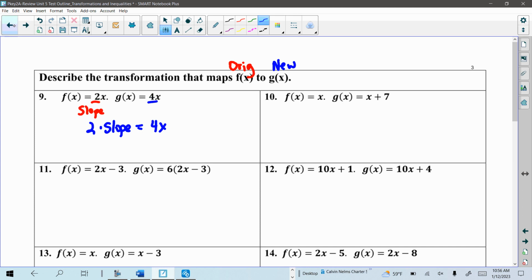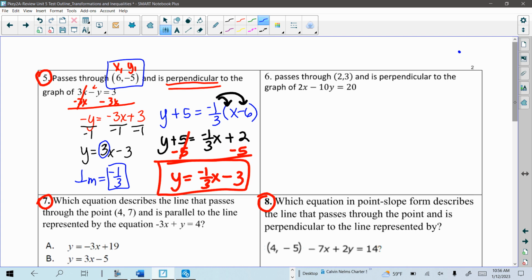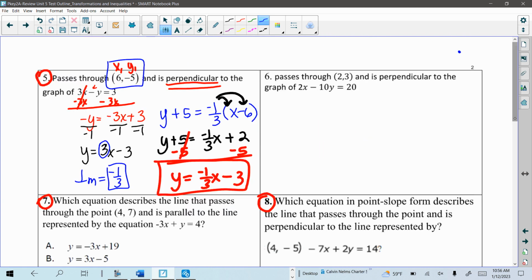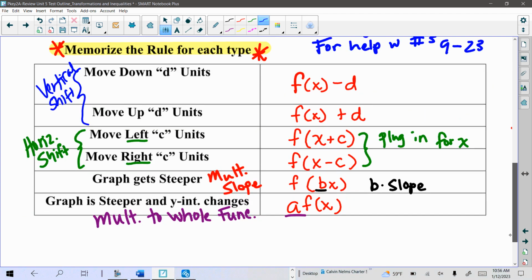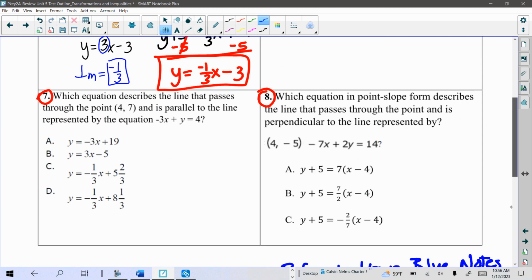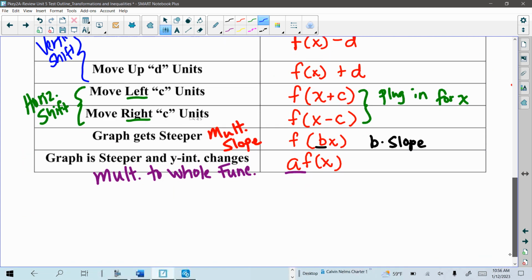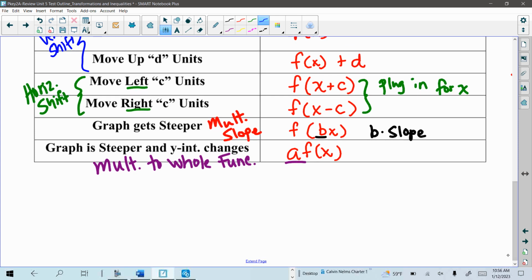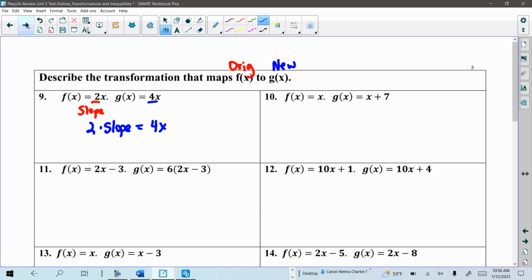Anytime I multiply the slope, you can look down here. Multiply the slope: b times the slope, that's the way it should be written, bx. I'm just going to show you the example of the rule that it matches. This matches f of bx.